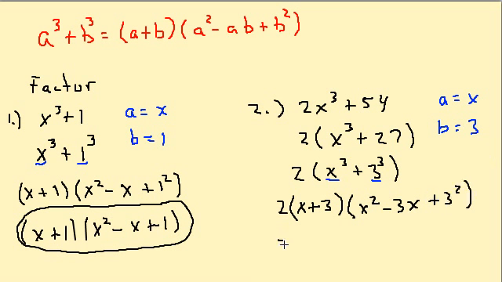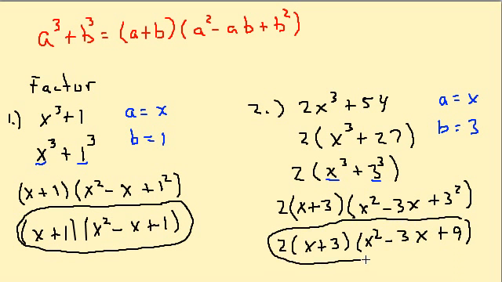So that's going to give me 2 times x plus 3 times x squared minus 3x plus 9. And here's my final answer.